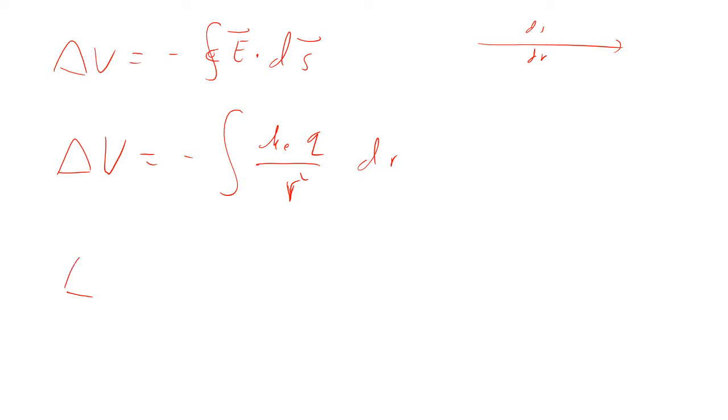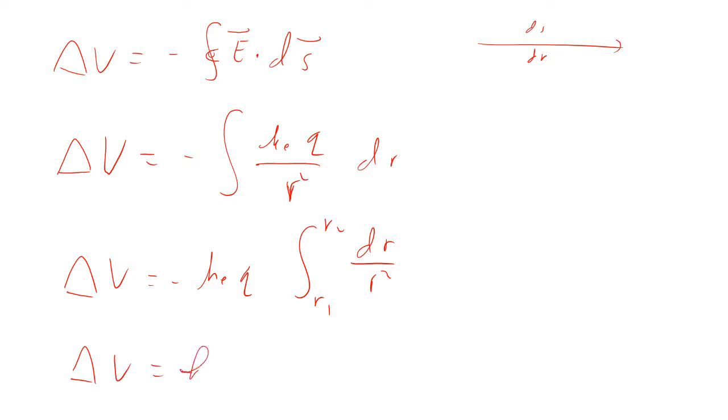Well, this is pretty straightforward. This is equal to minus kq times the integral of dr over r squared, going from R1 to R2. The difference in voltage is going to be equal to kq times 1 over r, evaluated at R1 and R2.